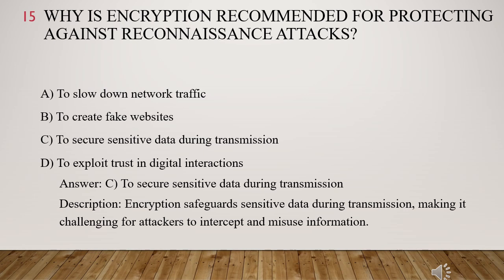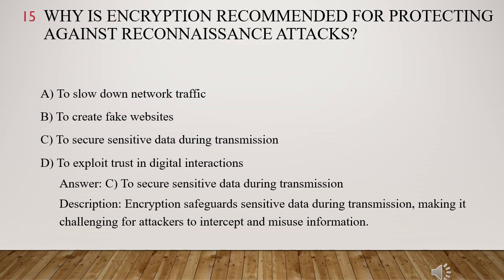Encryption is not involved in website creation and doesn't play a role in reconnaissance attacks focused on gathering information, not manipulating website appearances. Exploit trust in digital interactions. While encryption does contribute to building trust in online interactions by ensuring data privacy, this is more of a broader benefit, not the specific reason for its use against reconnaissance.